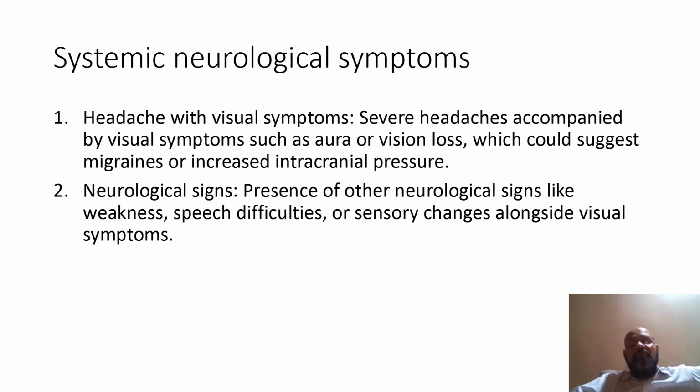The patients might have features of raised intracranial pressure. They might have papilledema associated with the headaches, and therefore these patients require urgent evaluation at a neurology unit. Furthermore, neurological signs such as weakness, speech difficulties, sensory changes alongside visual symptoms are other indications for a neurology opinion.